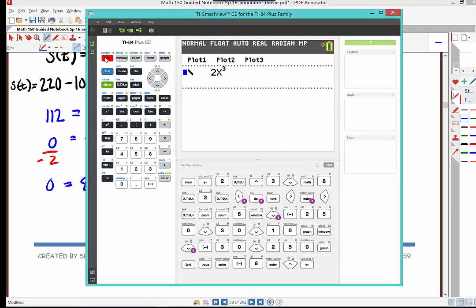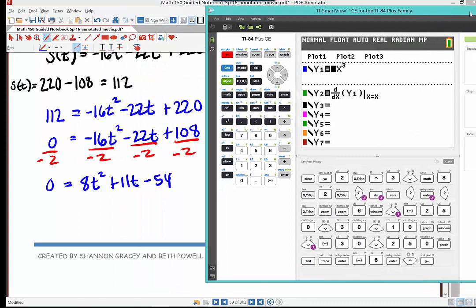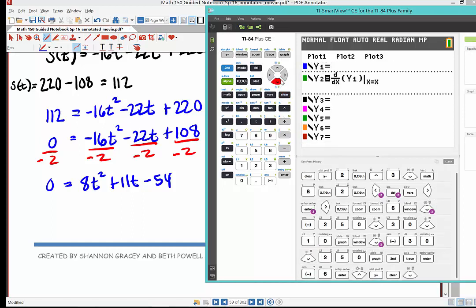So let's go to our y equals, and let's see what we've got. Let me just clear this one. I'm going to go ahead and use x's, it's just easier because that symbol's here, but we'll put t's on the paper.